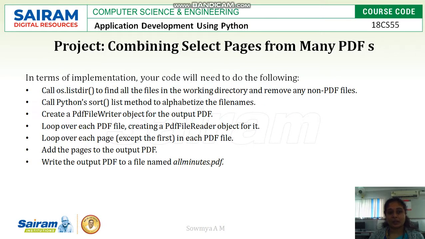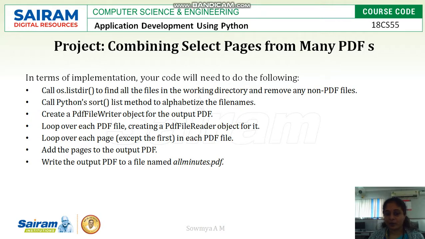So here what we will do is, first we will import the os module, and os.listdir will list all the files from the working directory, and then remove all non-PDF files from it. And then the sort function will be used to sort the files in alphabetical order. Then create a PDF file writer object so that the output PDF can be written.